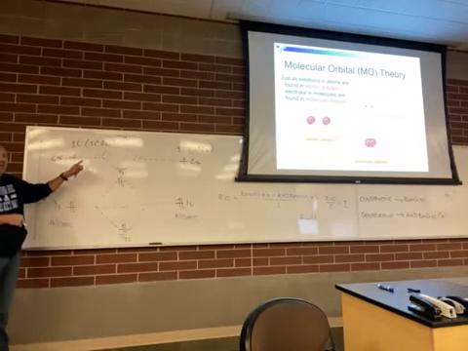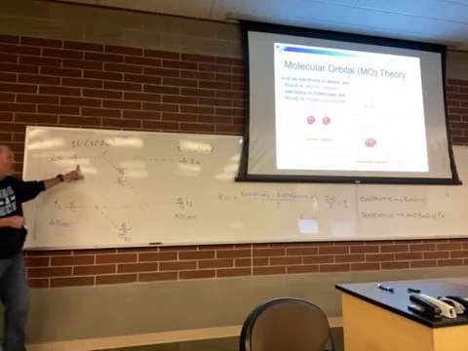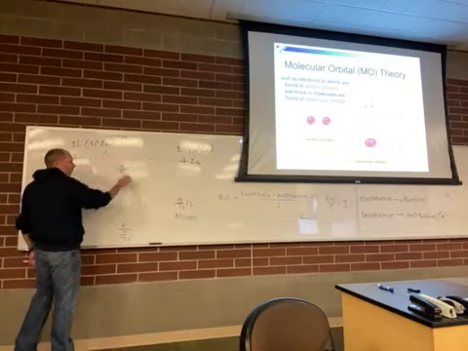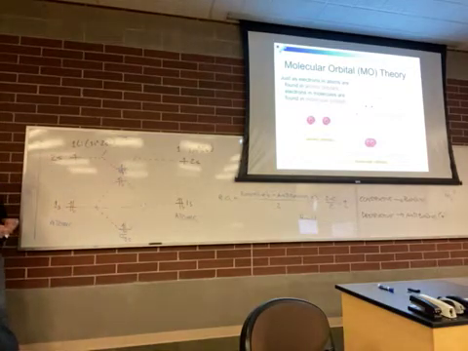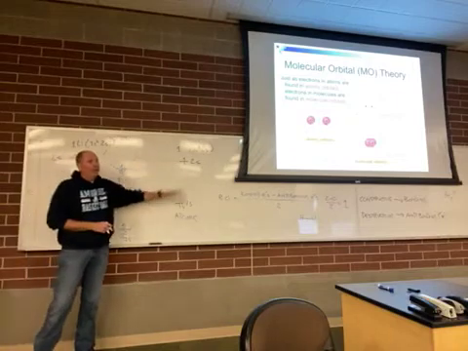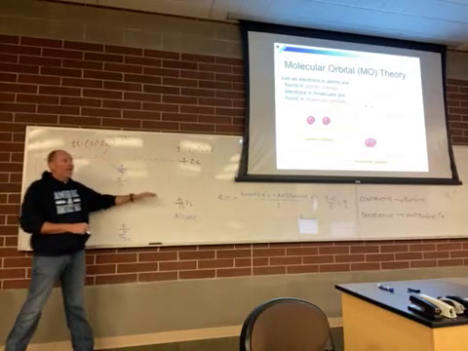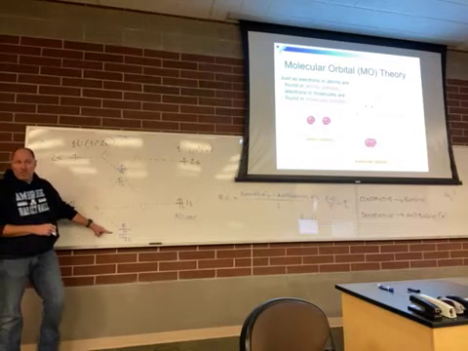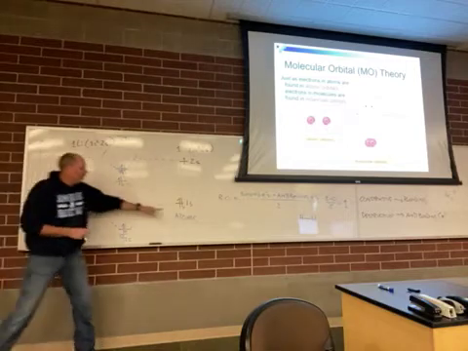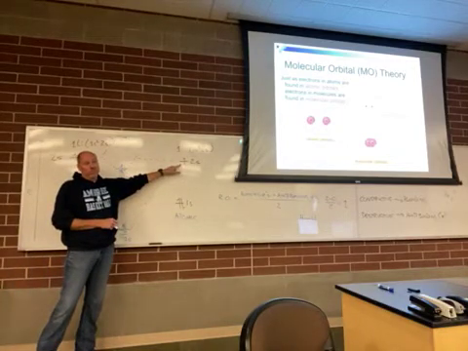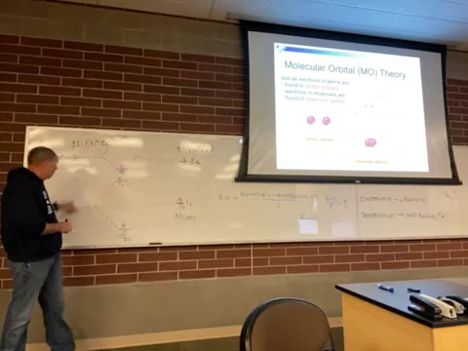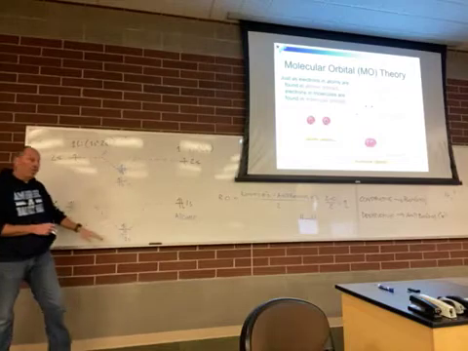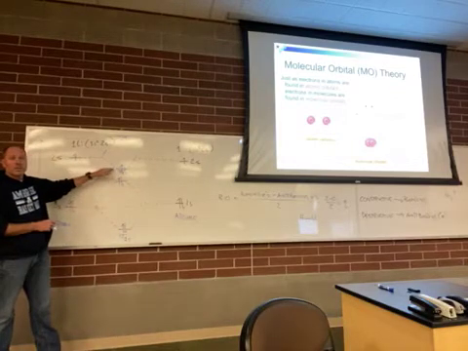So lithium puts its electrons into a bonding first, okay? And since I have 4 atomic orbitals, I have to have 4 molecular orbitals. Since I have 2, 4, 6, some good math right there, I have to have 6 electrons in my molecular orbital solution, so it's 2, 4, 6.